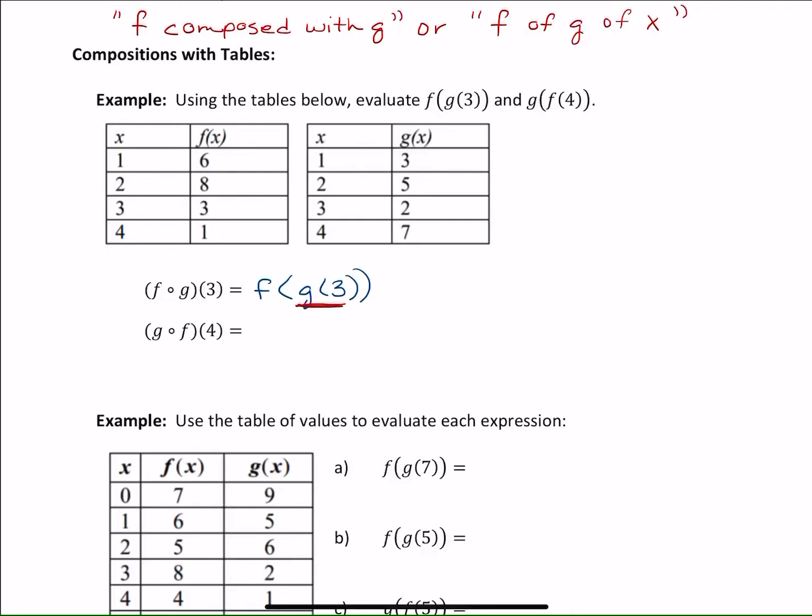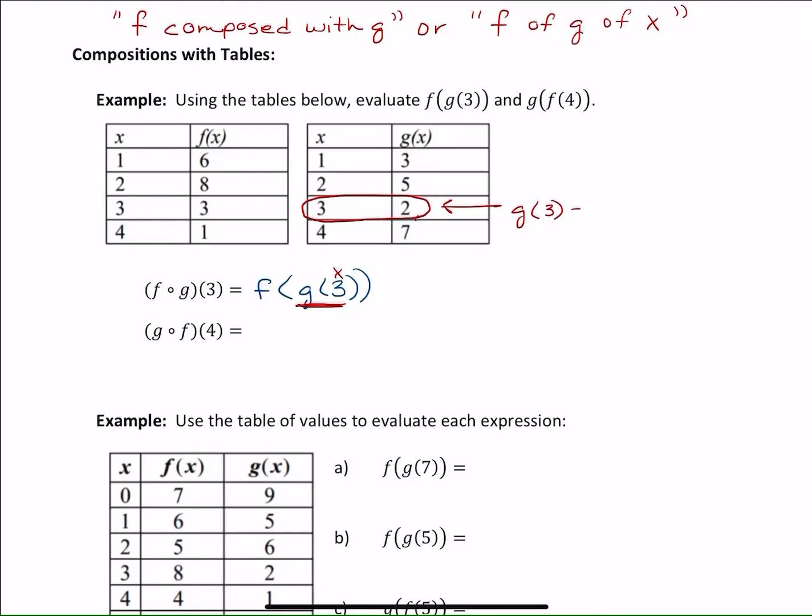If I look at my table, I'm looking at the table that uses g, and when x is 3, my g of x is 2. So this coordinate corresponds to g of 3.